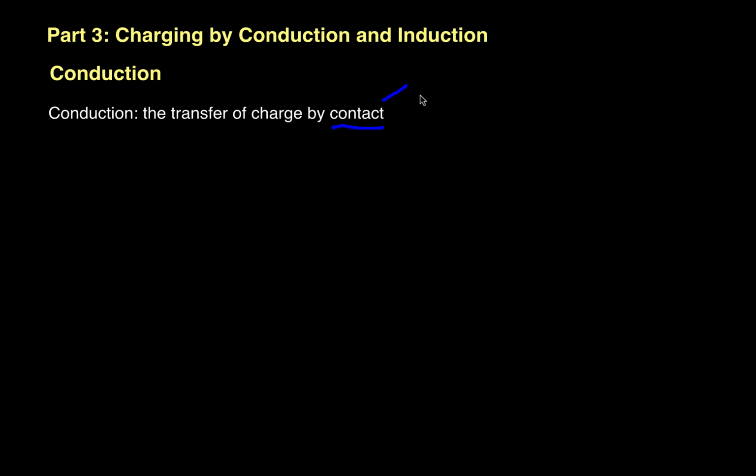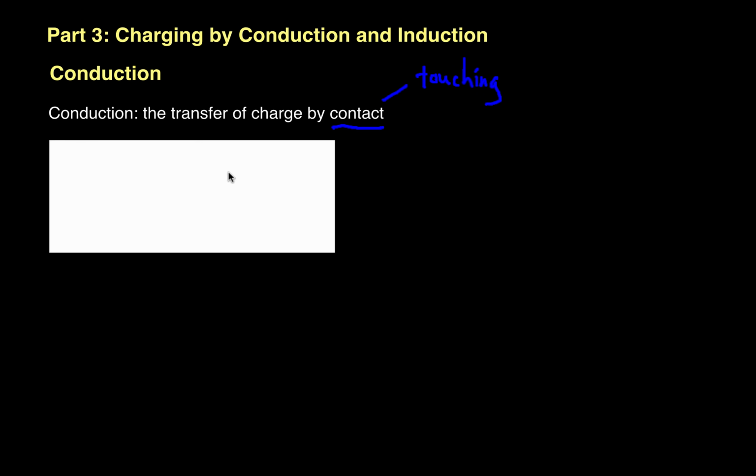It means in order for an object to conduct, it needs to actually be touching the object it's conducting electricity to. For example, if you want to charge a neutrally charged sphere by conduction, here's our neutrally charged sphere. You can tell it's neutral because it has an equal amount of positive and negative charges spread out over its surface.